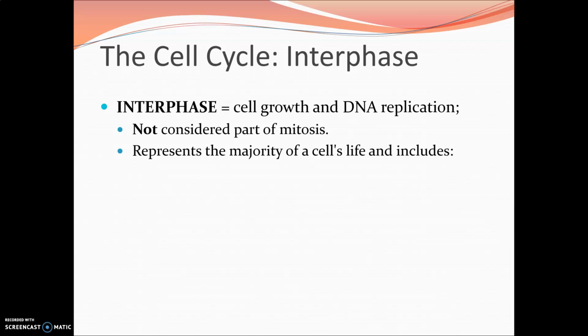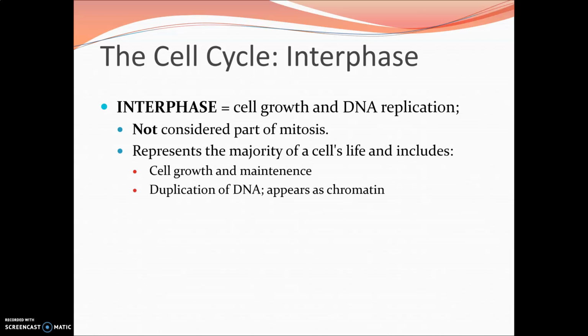Interphase includes a couple different phases within it. So we're going to talk about a lot of different phases here. One of the main parts included in these phases is cell growth and maintenance, making sure that things are working properly in the cell and fixing them if they're not. Also the duplication of DNA. In this stage, DNA appears in a form that we call chromatin.